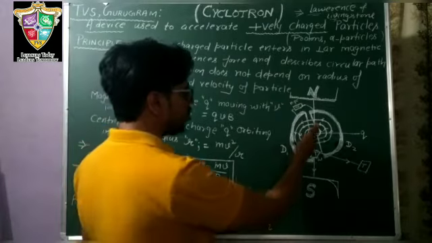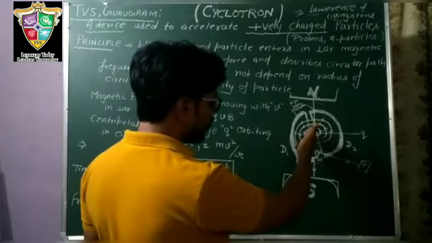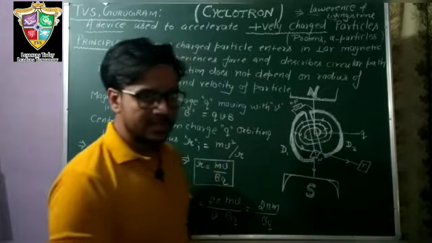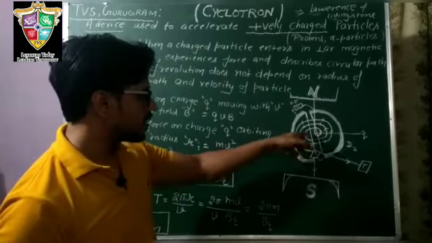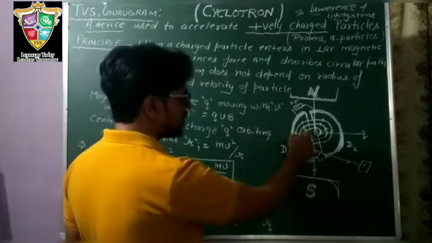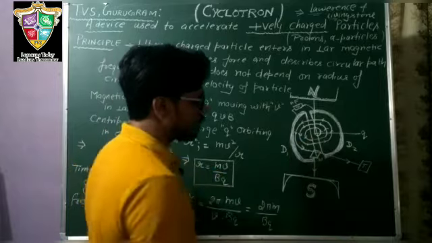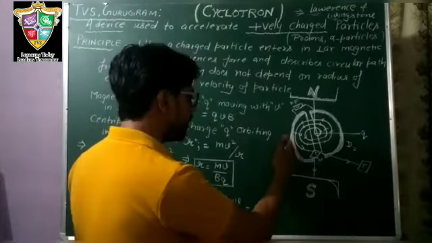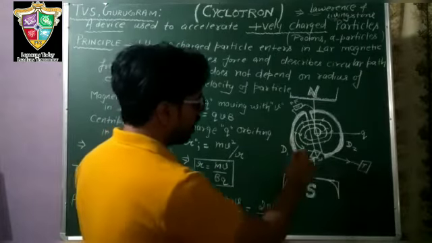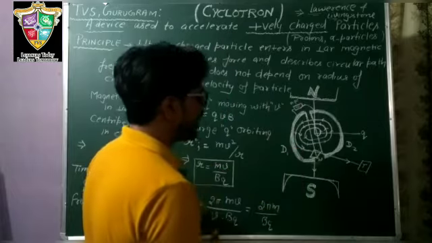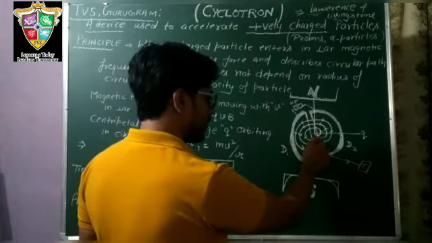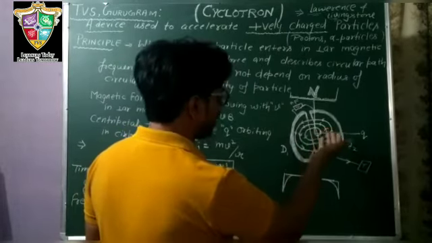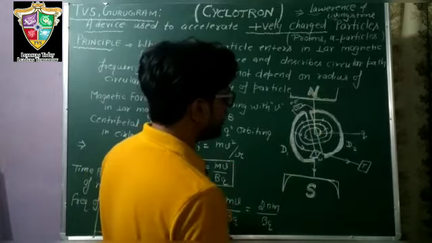In this case also the charged particle follows a circular path, but this time of larger radius. You can see this is the path the charged particle follows, and the same happens again. When it reaches this region, it goes straight, and again the polarity is reversed.